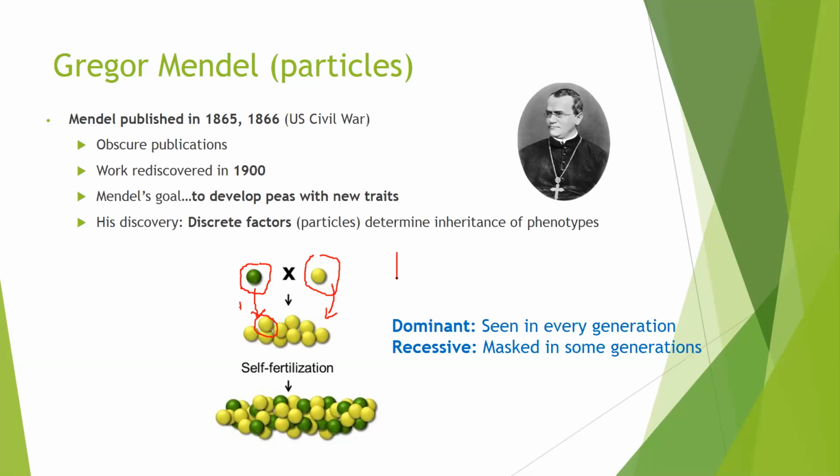And now we know these particles are called the alleles of the same gene. For the relationship between these two alleles, we can use dominant or recessive to describe it. The dominant phenotype means this phenotype will be expressed in every single generation.